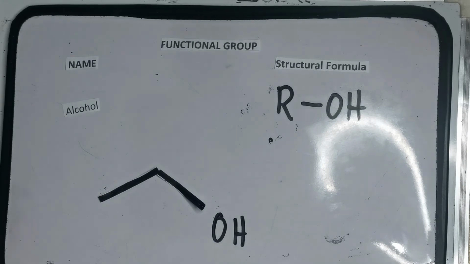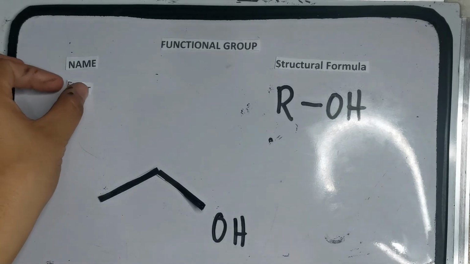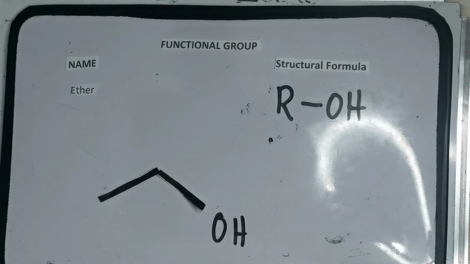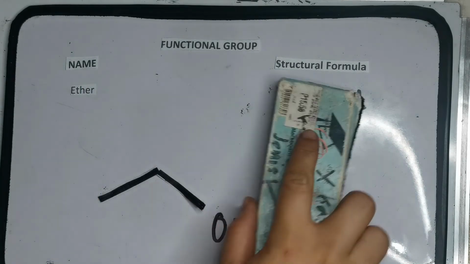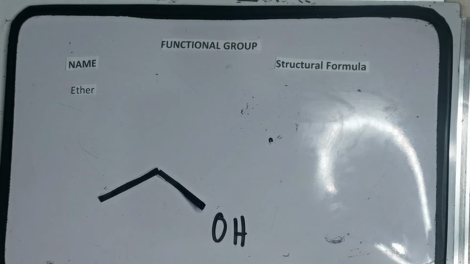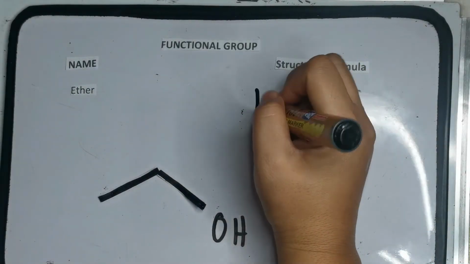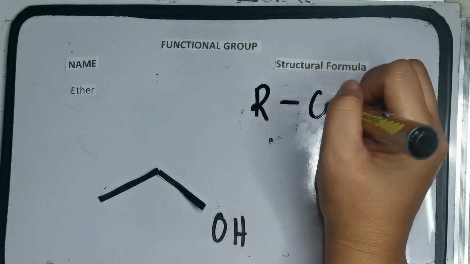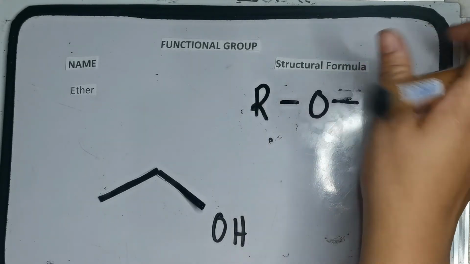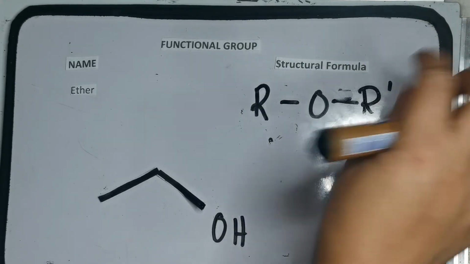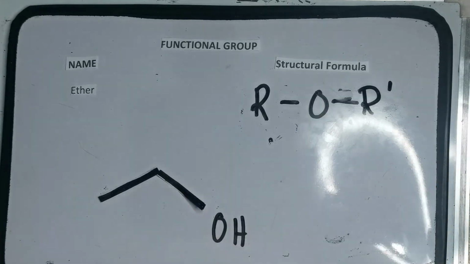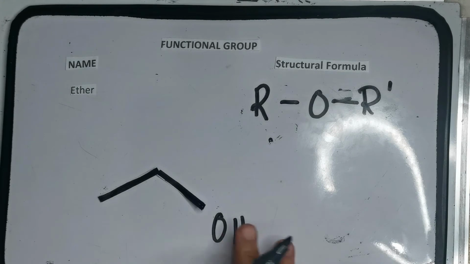Let us have an ether group. The ether group has something to do with an oxygen. So, oxygen is between two R groups, and the apostrophe on the other R represents another molecule. So let's have this structure.